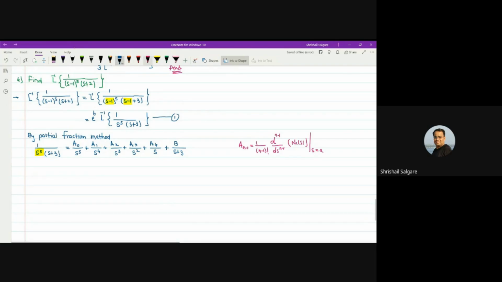Now what is n1s? If you try to find, I explain the procedure. The given function you have to take as it is, 1 upon s raised to 5 into s plus 3. Is it right?